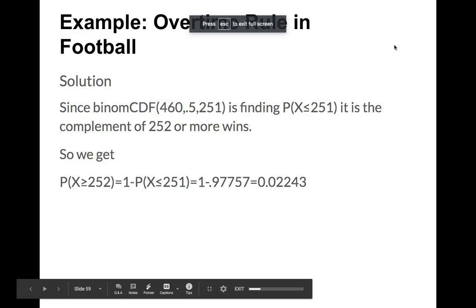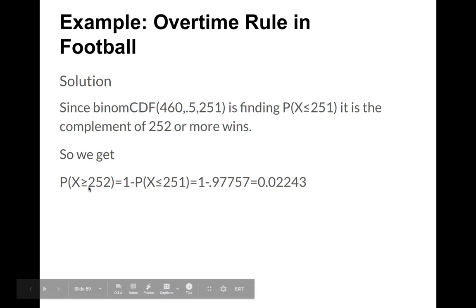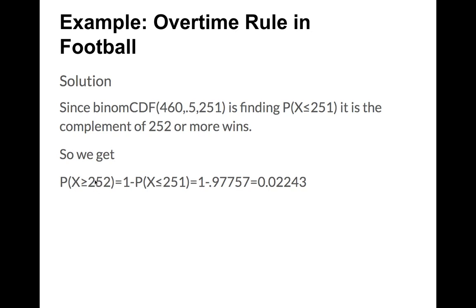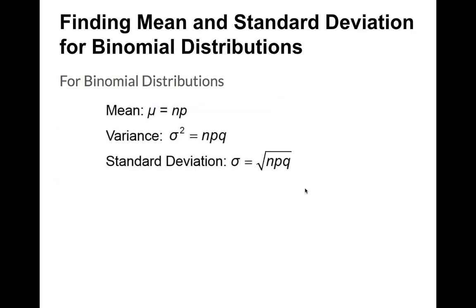Now, since that's a complement of what we were looking for, because what we wanted to find is the probability of getting 252 or more, we need to use the complement rule, which says that I can take 1 minus the probability of the complement to find the probability I'm looking for. So I do 1 minus 0.97757, and I get 0.02243. Okay?